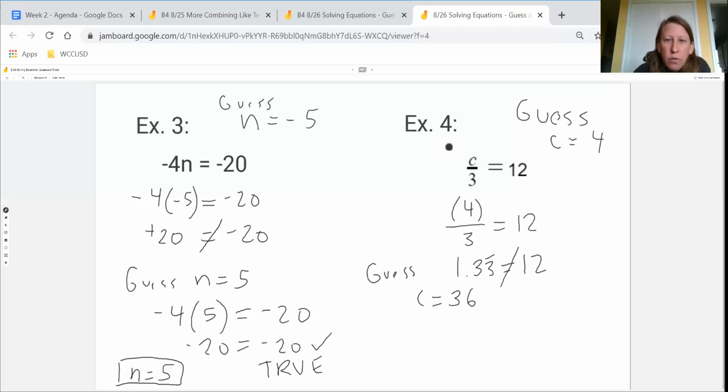Feel free to use a calculator, try it, show some scratch work if you need to. Does it equal 12? Well, 36 divided by 3 is in fact 12. 12 is the same as 12. So I found something that's true. I found the value for the variable that makes the equation true.